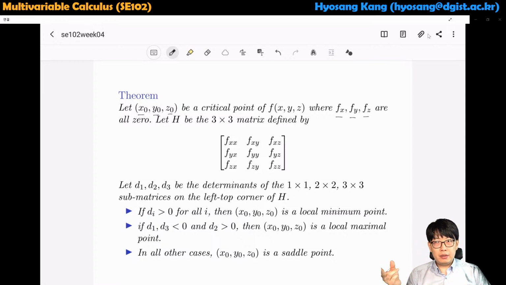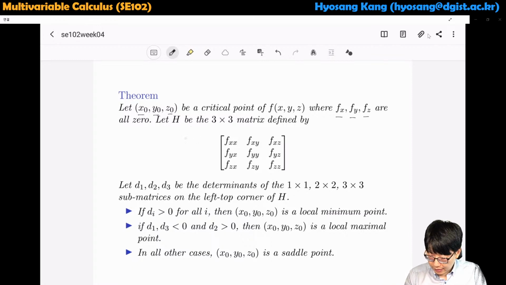You can also find type 2 critical points using the same definition: if one of these partial derivatives does not exist at some point, that's a type 2 critical point, and if the function is not continuous at that point, that's a type 3 critical point. But let's forget about types 2 and 3. We only think about polynomial or other well-defined functions such as exponential functions, so there are no discontinuous points or points without partial derivatives.